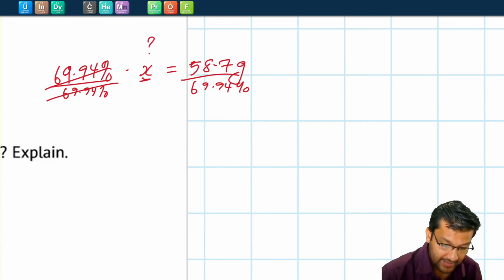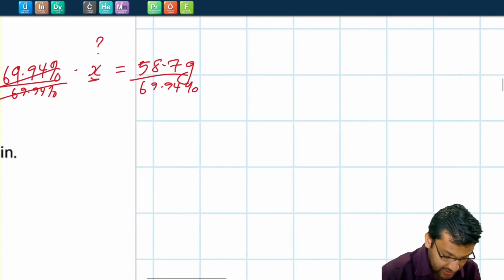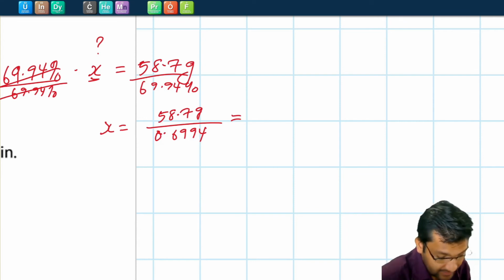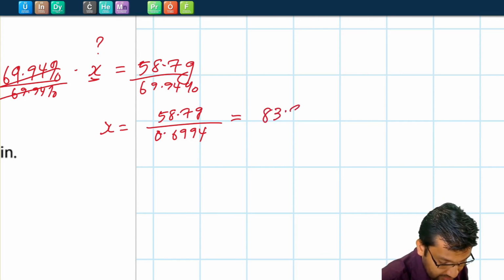And we know that percent just means divide by 100, so X is equal to 58.7 grams divided by 0.6994, right? That's 69.94%. Punch this into a calculator and you get a mass that is about 83.9 grams to 3 significant figures.